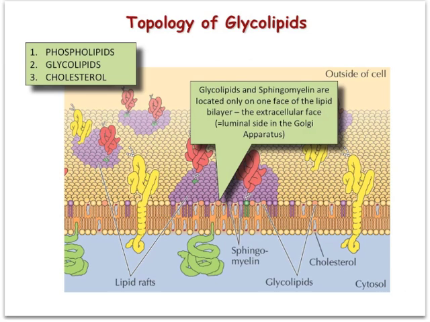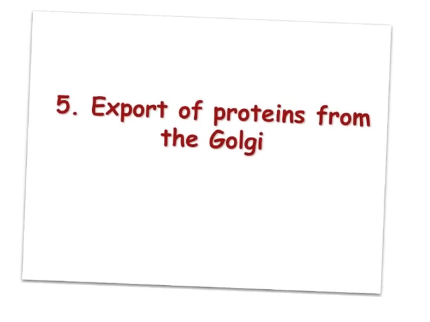Both glycolipids and sphingomyelin are located only on one face of the lipid bilayer, and that is the extracellular face, which is the equivalent of the luminal side of the Golgi apparatus. The final stage of the secretory pathway is the export of proteins from the Golgi apparatus to other destinations within the cell.